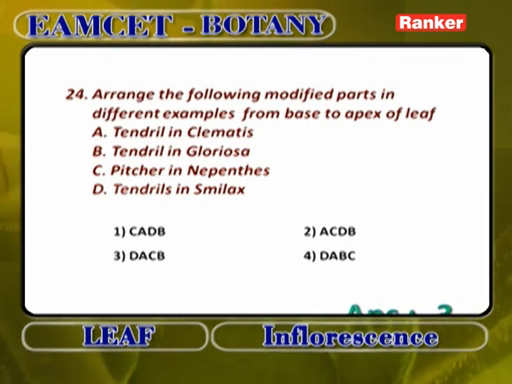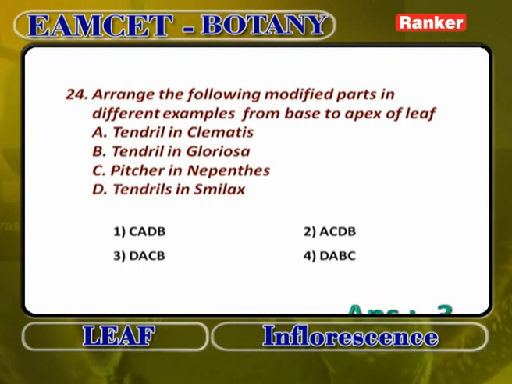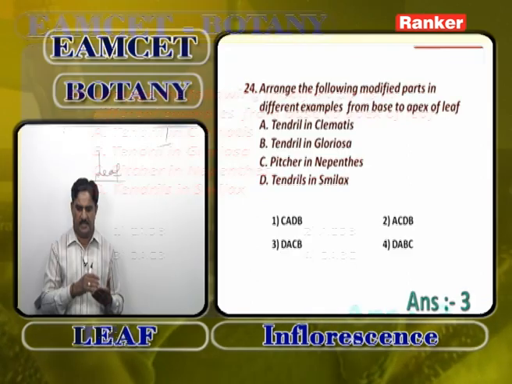The pitcher in nepenthes has come from leaf lamina. The total leaf lamina is modified into a pitcher in nepenthes. And finally B, tendril in gloriosa, has come from leaf apex. So first the lower portion, that is stipules, then petiole, then leaf lamina, then leaf apex. This is from base to apex.